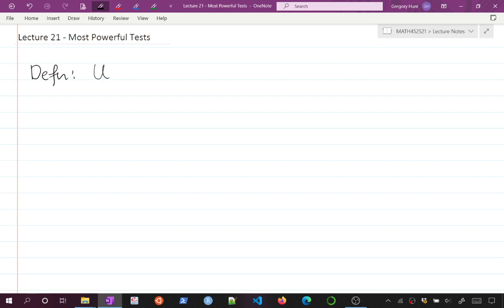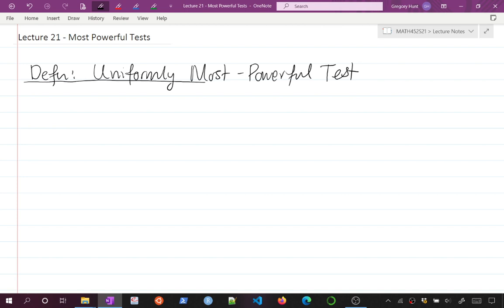And our definition is of a uniformly most powerful test. And this is often denoted UMP for uniformly most powerful. So we're going to define this uniformly most powerful test kind of generically.